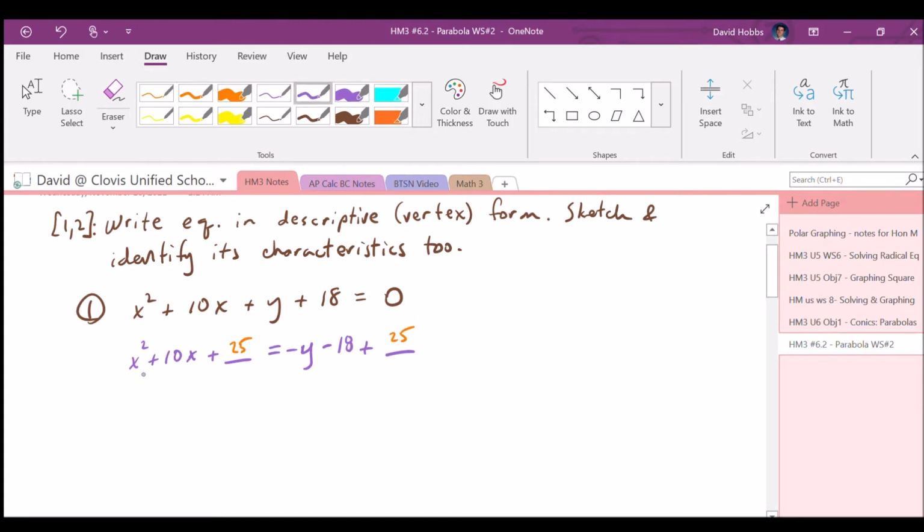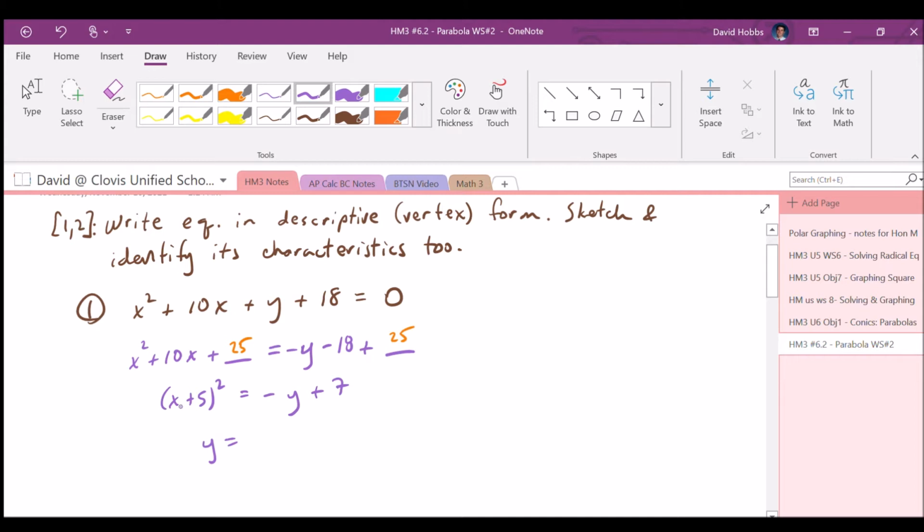Now x squared plus 10x plus 25 factors very nicely as x plus 5 quantity squared. We like that. Negative y plus 7. Now that the square has been completed, we want to get it into the form y equals. It's a negative y right now, so if I move it to the left, it'll become positive y.